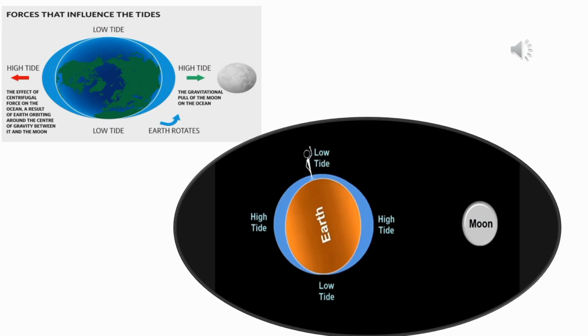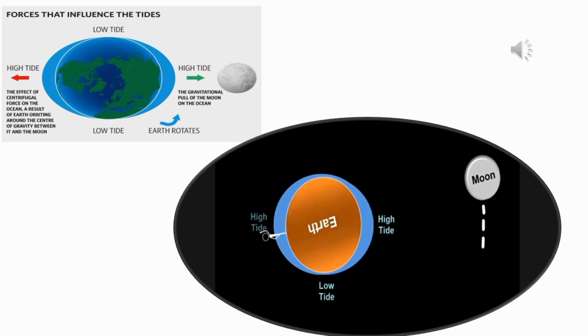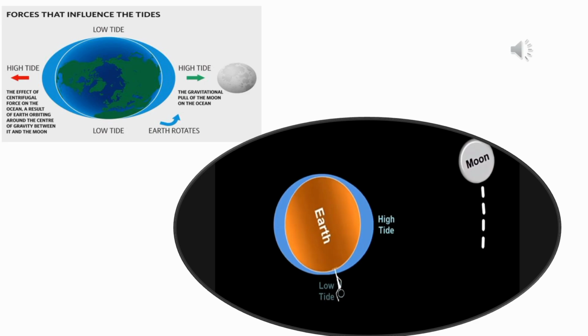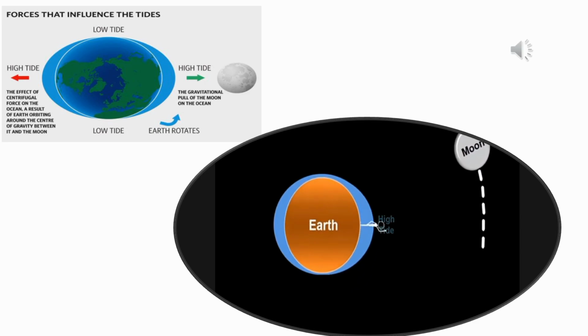So by the end of the day, we get to realize that the Earth experiences high tides on its opposite ends for that side that is experiencing the Moon's gravitational pull or force, and then the other side that is not experiencing the Moon's gravitational pull experiences what we call low tides. So by the end of the day, the Earth experiences the four tides, high on the opposite ends and also low on the other end that's not receiving the gravitational pull.